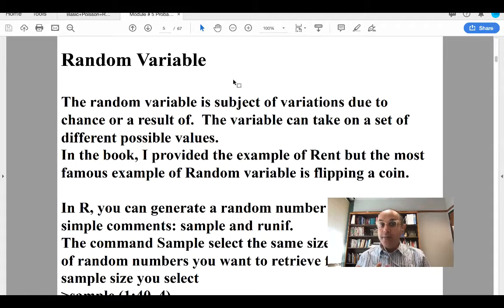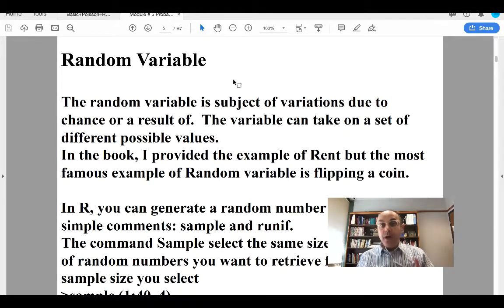So what are we going to talk about? The first element is the random variable, and a random variable is subject to change due to the result of an experiment. So the variable can take a set of different possible values. In the book, I provided the example of rent, but the most famous example is flipping a coin.